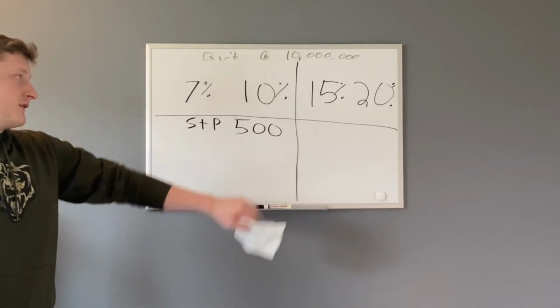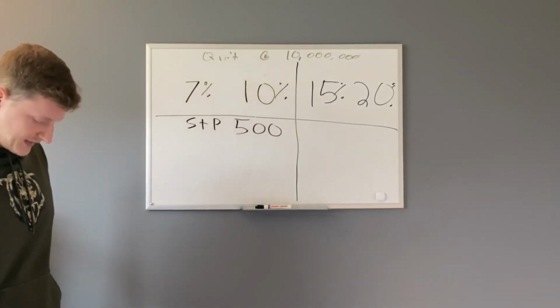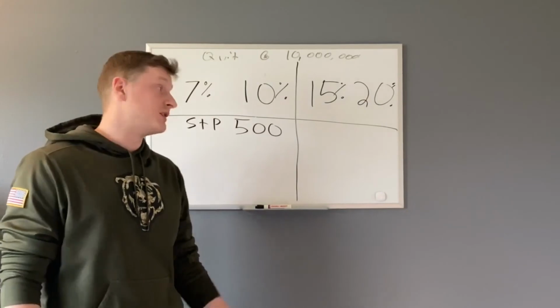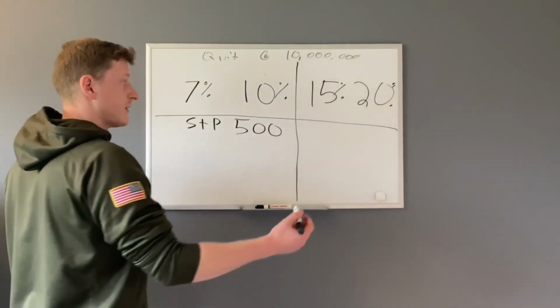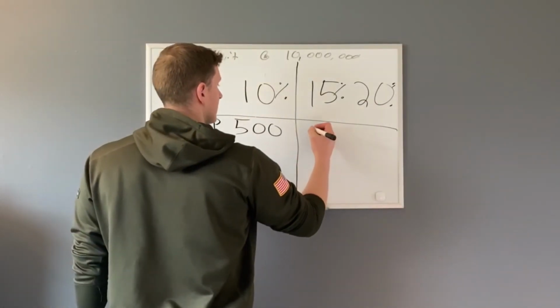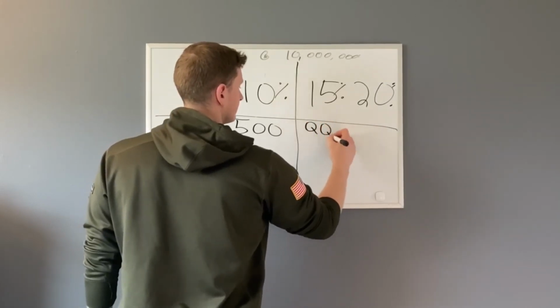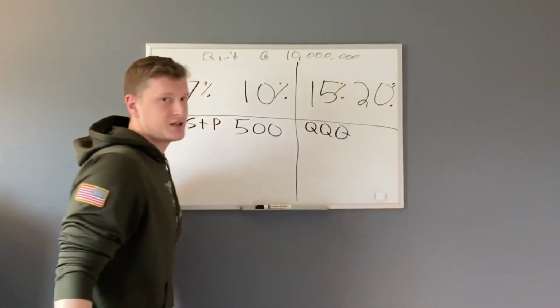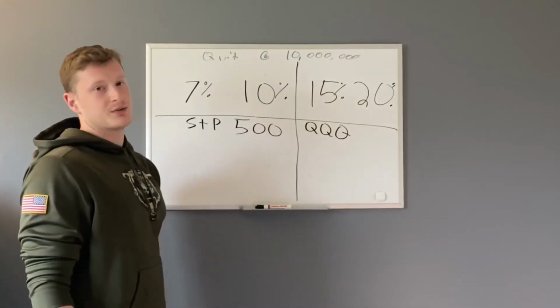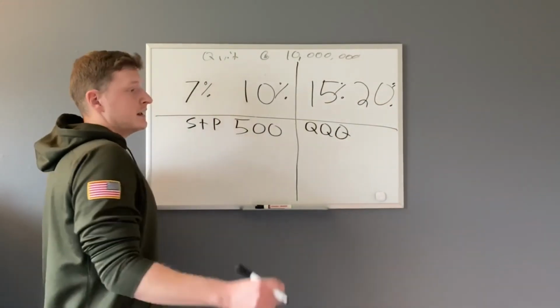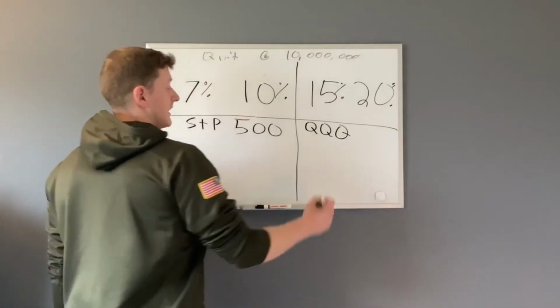For the 15 to 20%, what can you get that is going to yield these kinds of returns? For the most part, you can invest in the QQQ, which is the NASDAQ. This return is about 16%. That other thing I was telling you about is the ARKK.